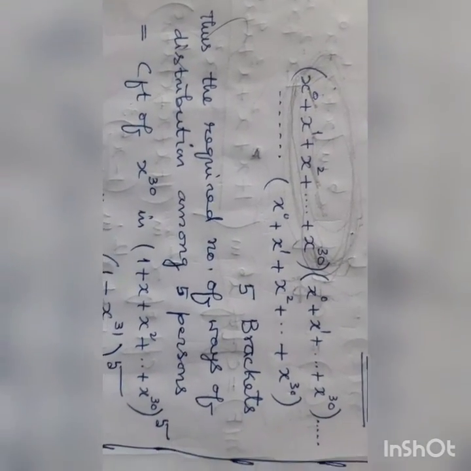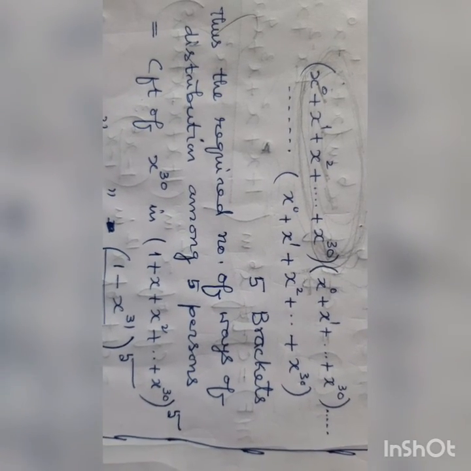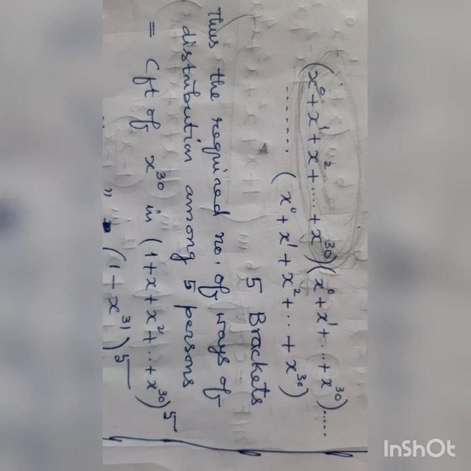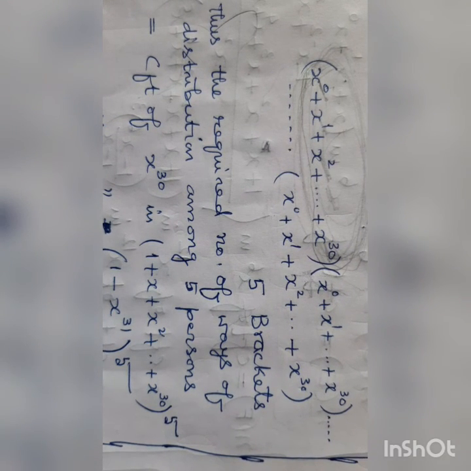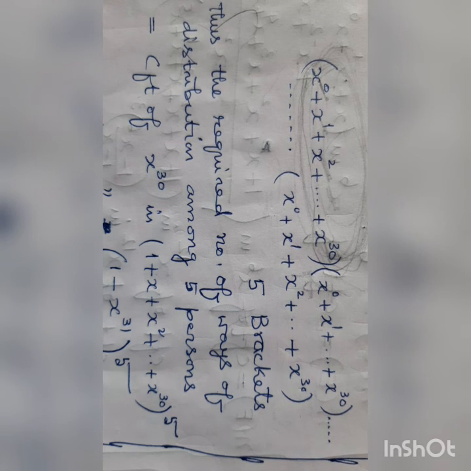Thus, the required number of ways of distribution among 5 persons is converted into binomial coefficient concept. Excellent way of logical turning.